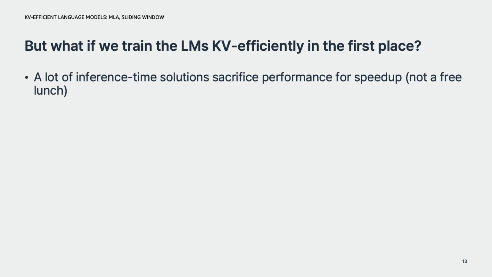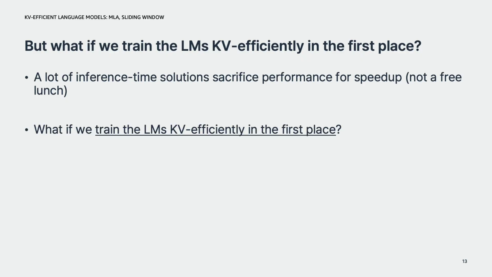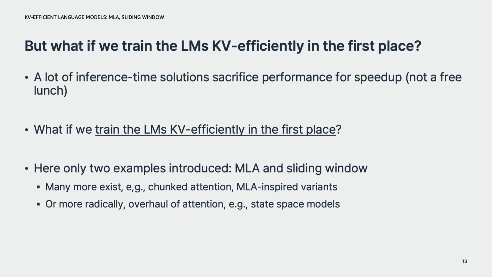Well, there are a lot of solutions and works on inference-time KV efficiency. But the main question of this talk is, what if we train the language models to be KV efficient in the first place? Of course, there will be many works in this direction, but in this talk, only two examples are introduced: MLA and sliding window.